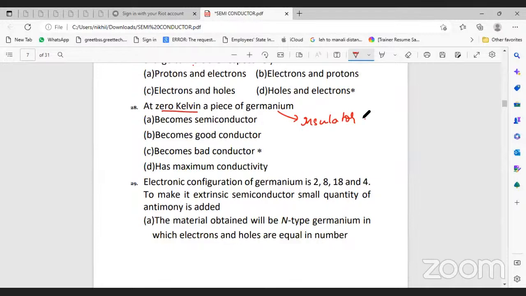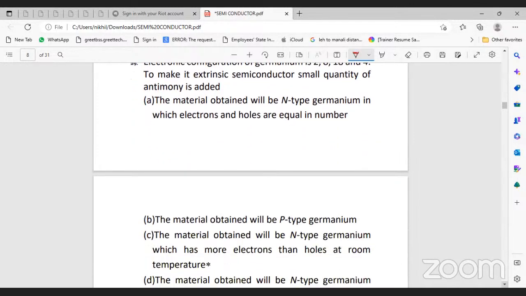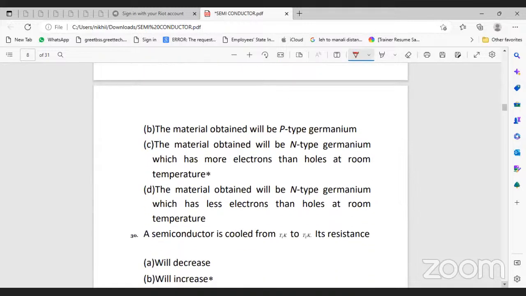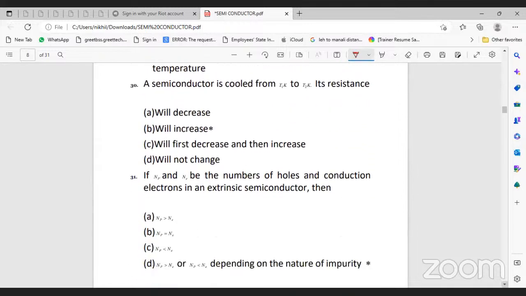If there are no charge carriers, this germanium should act like an insulator, a bad conductor. Electronic configuration is not required. If the semiconductor is cooled, the temperature decreases, so the resistance has to increase. Option B.